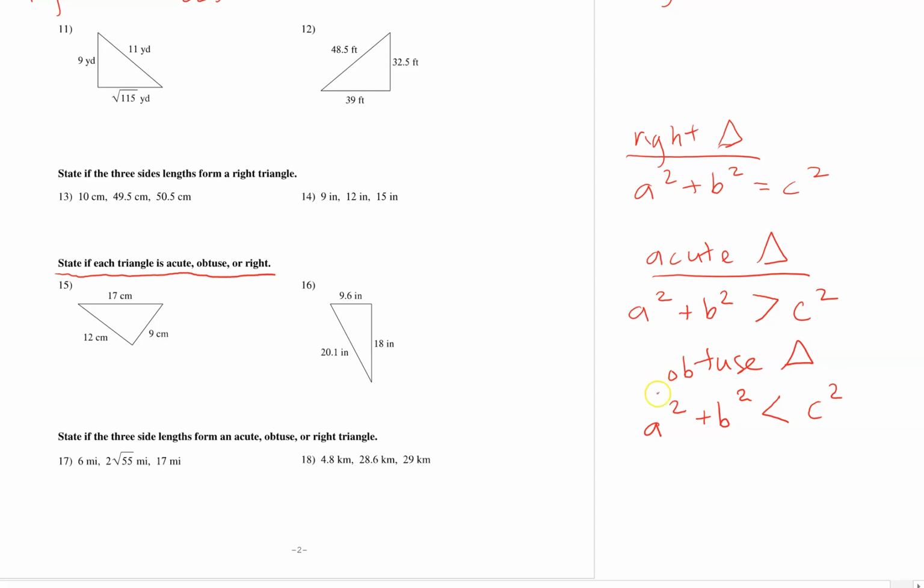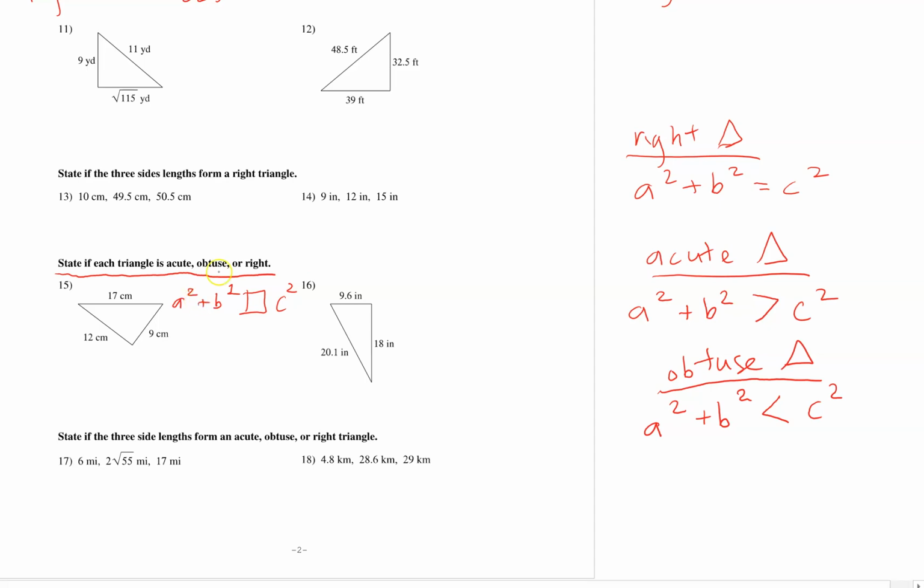So let's try this out. For number 15, same thing. If you have three sides, just determine which side is the largest, and that's going to be your assumed hypotenuse. So putting it into here, I have a squared plus b squared, and I'm going to keep a box right here, c squared. That box is going to represent either our equal sign or our inequality.